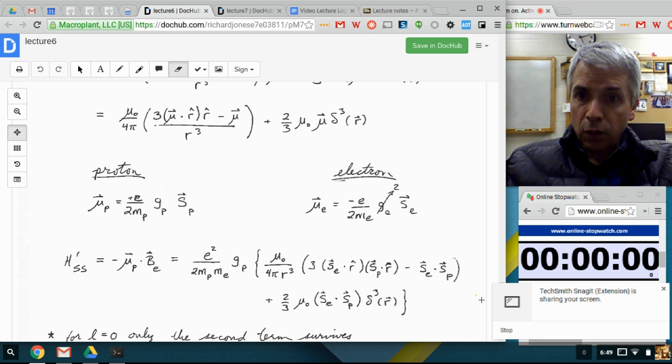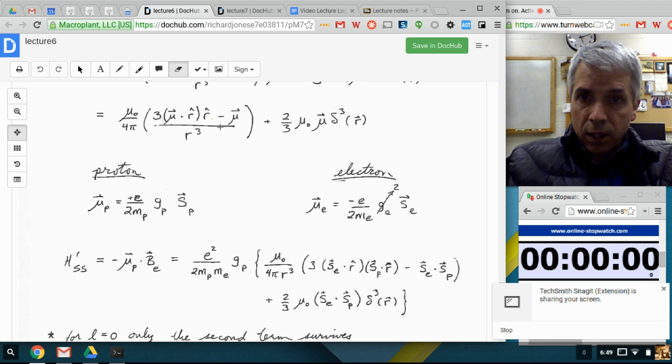And now you can see all the factors that come together. Here are the coefficients that come from two things. There's a mu 0 over 4 pi that appears. You can see the standard factor that comes from the long distance dipole field from a point dipole, in this case of the electron. But we see that it's the spin of the proton that gets dotted with the r hat.